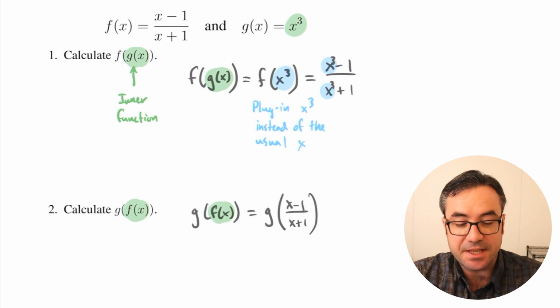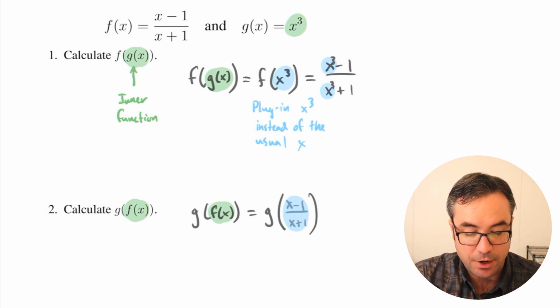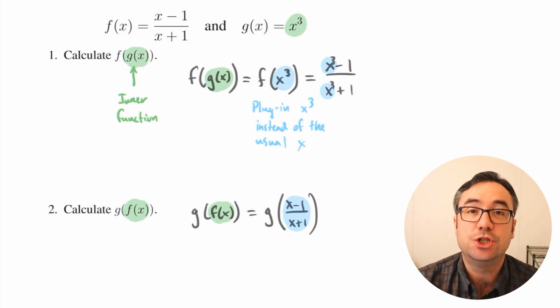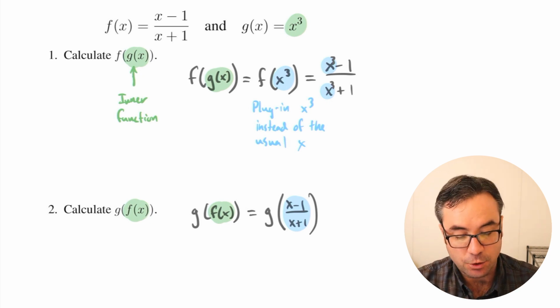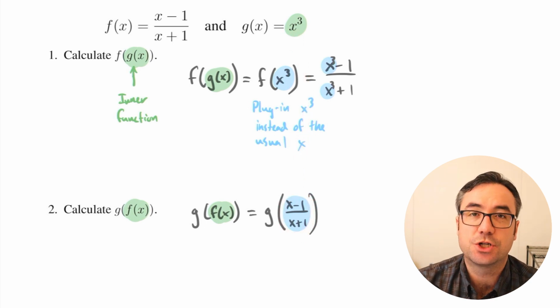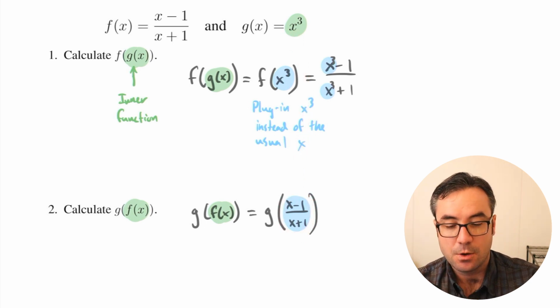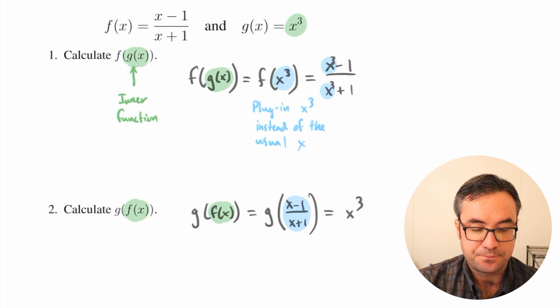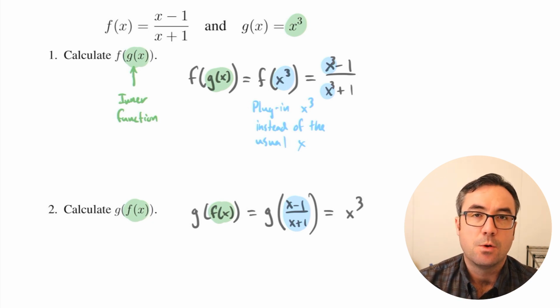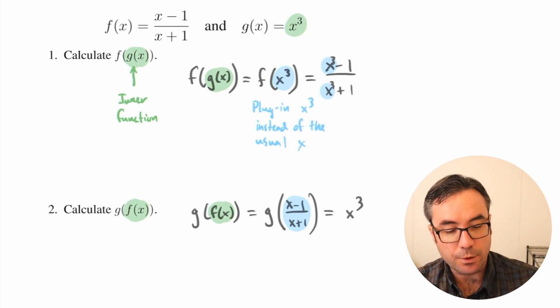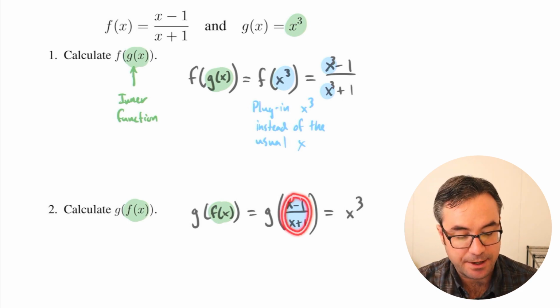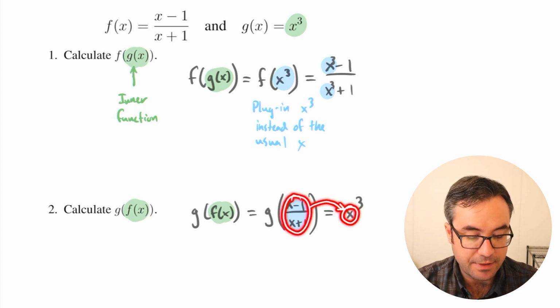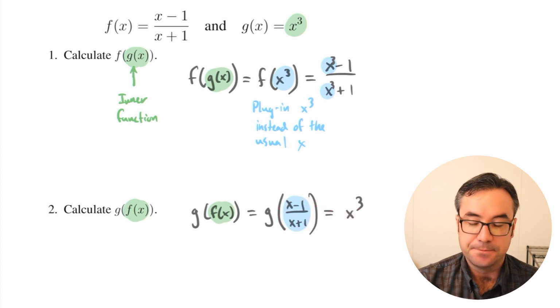And then this is the gadget. This is the thing that we're going to plug into function g. So we're going to take this whole big fraction and plug it into function g. Well, what normally happens with function g? It's x cubed. Well, not anymore. What we're going to do is take this whole thing and plug that in right here.